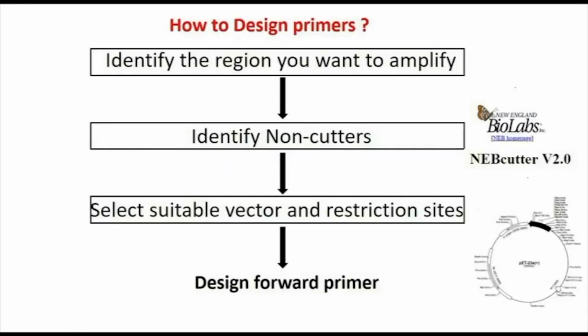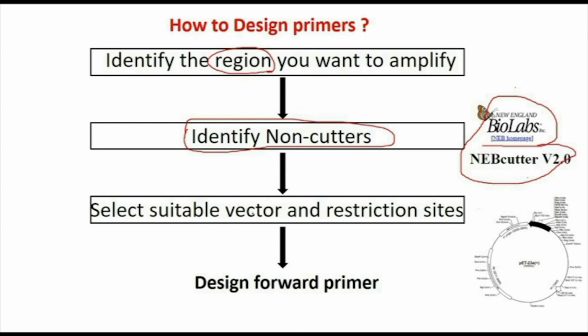So for designing primers, first you have to identify the region of interest, which you want to amplify from any vector or any sequence. In the second step, you have to identify non-cutters. There are various software available, but we can use New England Biolabs NEBcutter version 2.0.